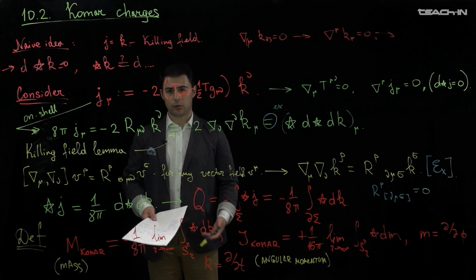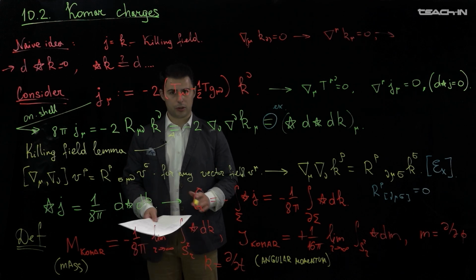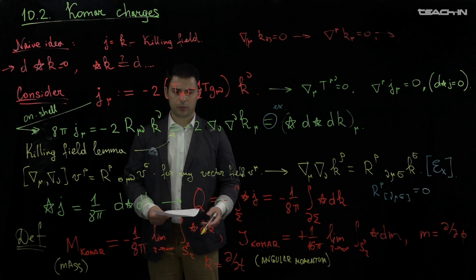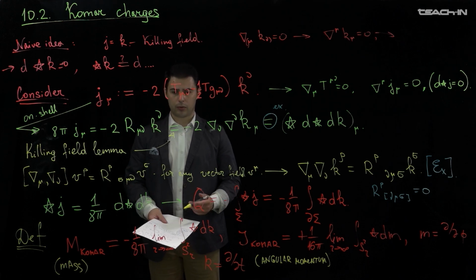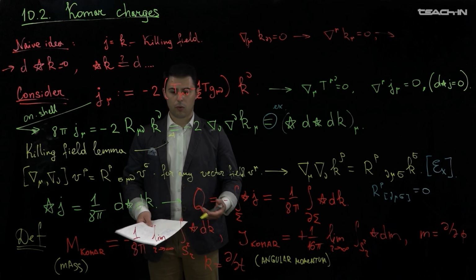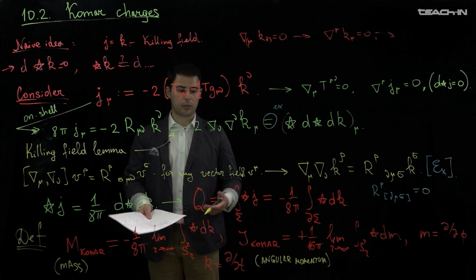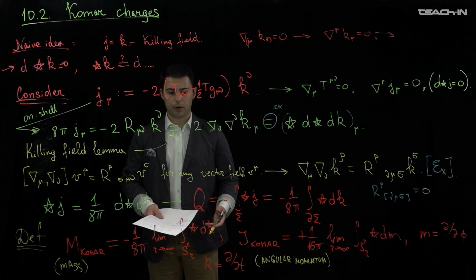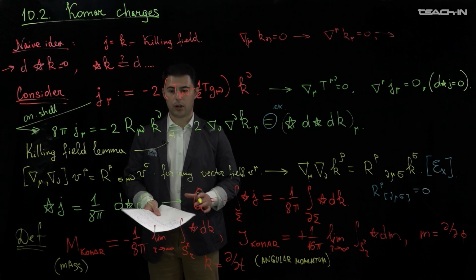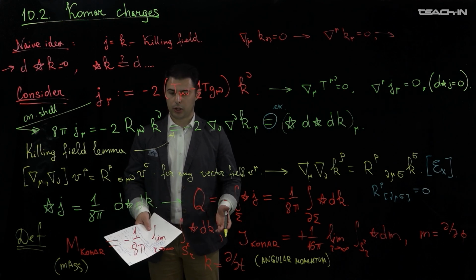Since for black holes we have a singularity which is excluded from the spacetime, we have two natural boundaries. One can say that the mass and the angular momentum are effectively localized at the singularity, at the inner boundary of the spacetime.